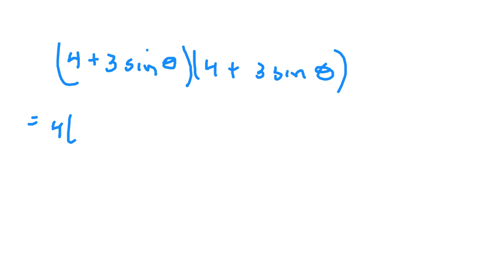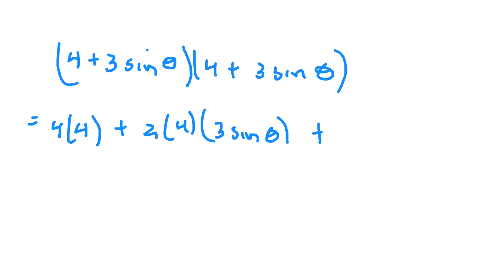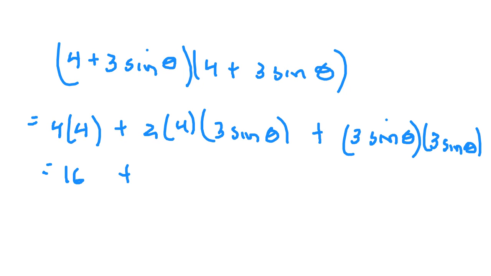That's 4 times 4 plus 2 times 4 times 3 times the sine of theta plus 3 times the sine of theta times itself. Well, that just equals 16 plus 24 (2 times 4 times 3 is 24) sine of theta plus 9 sine squared of theta. Any questions on that?